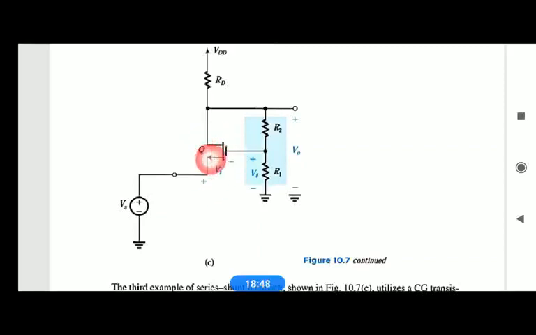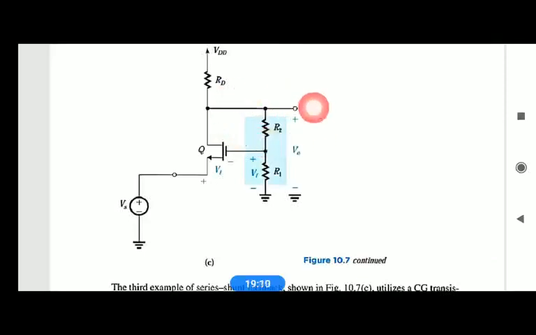When this operates less, the current flow here is less, which means the voltage drop between source and drain is less. So the voltage at the drain is increased.